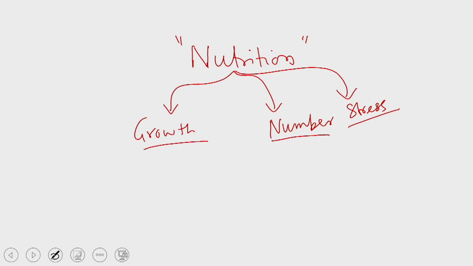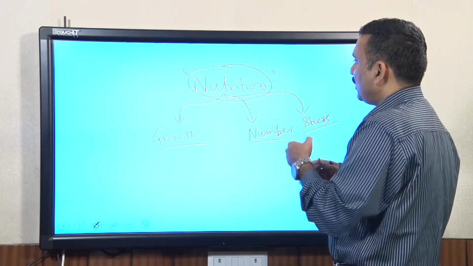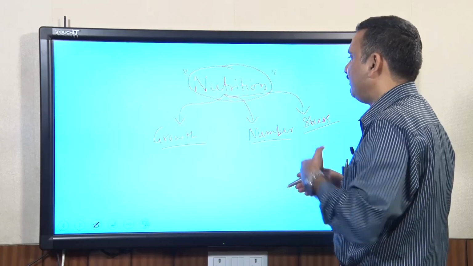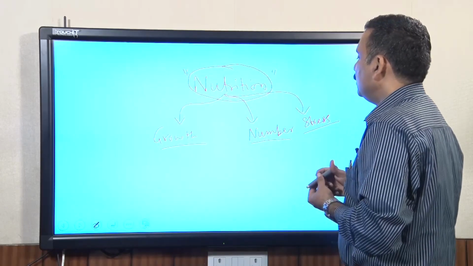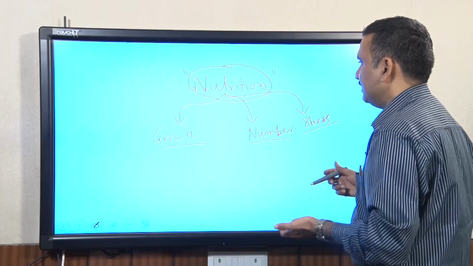So, how to provide the nutrition to different organisms depends on the different types of metabolic pathways or metabolic reactions which these organisms can run, so that you provide the nutrition in the form which will be useful for that particular type of organism.